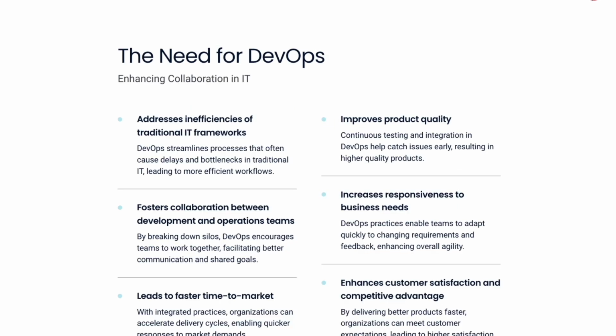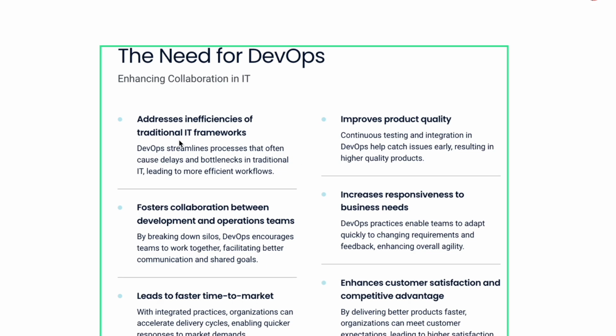Need for DevOps: enhancing collaboration in the software development lifecycle. We have seen the inefficiencies of traditional IT frameworks. So what does DevOps do? DevOps streamlines those processes that cause delays and bottlenecks in traditional IT, which leads to more efficient workflows.